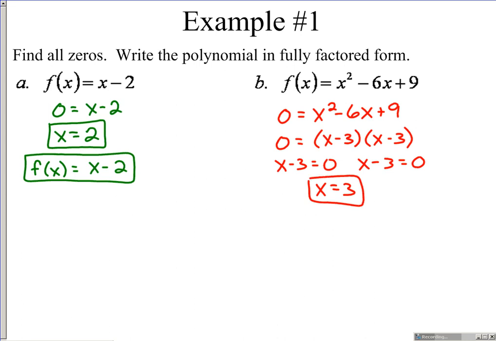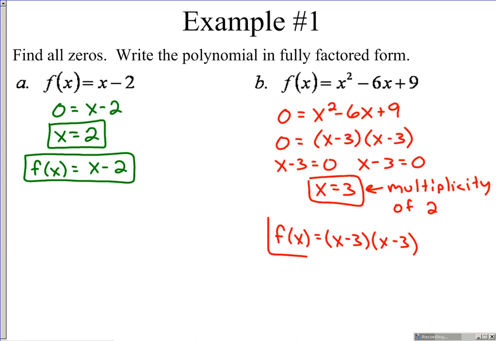And we know that x equals 3 was a solution twice. So remember, we could say that this has a multiplicity of 2. This polynomial written in fully factored form then, 3 was a solution twice. So we're going to have 2 factors, x minus 3 times x minus 3.